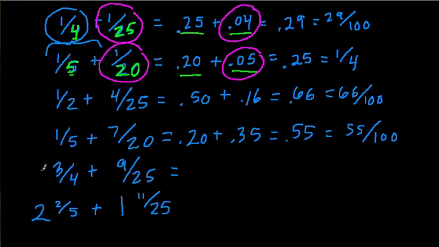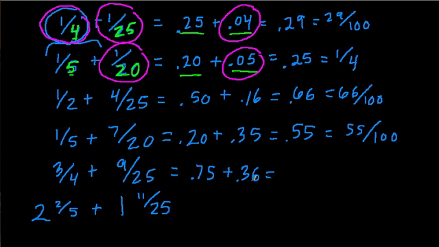All right, keep going. We have 3/4 here, and I'm going to go back to 1/4. If 1/4 is 25 cents, 3/4 is like having 3 groups of 25 cents, or 75 cents, or 0.75. What about 9/25ths? What's that going to be? I'm going to go back to the original 1/25th. If 1/25th is 4 cents, 9/25ths is like having 9 groups of 4 cents, or 36 cents.